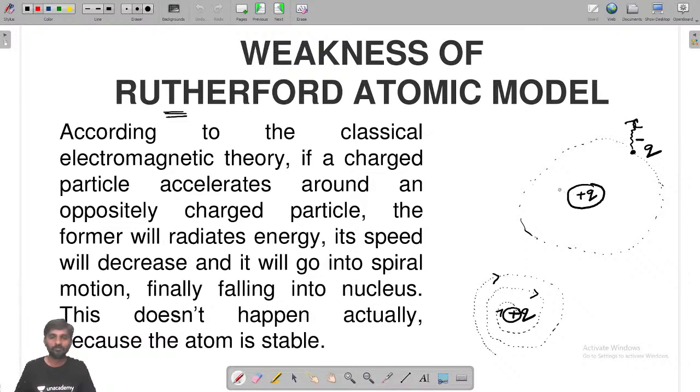This is what Rutherford failed to explain. When the electron revolves around the nucleus and starts losing energy, radiating energy, it should come towards the nucleus, and at some point of time it will fall into the nucleus. That is what Rutherford was unable to describe.